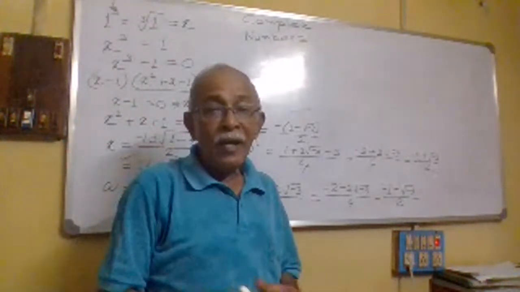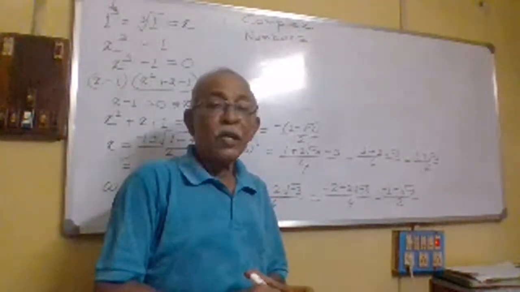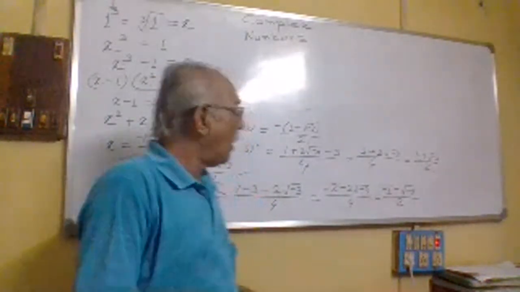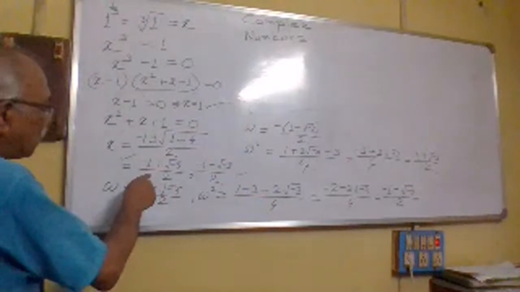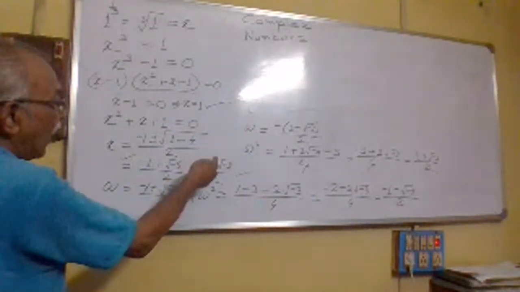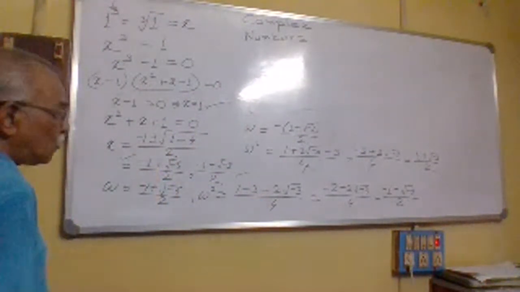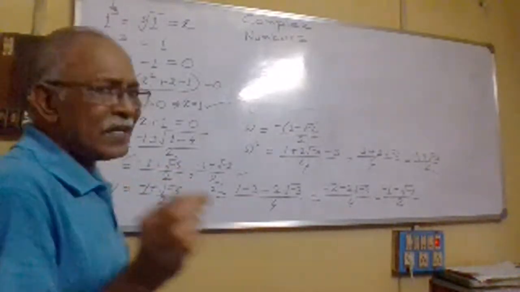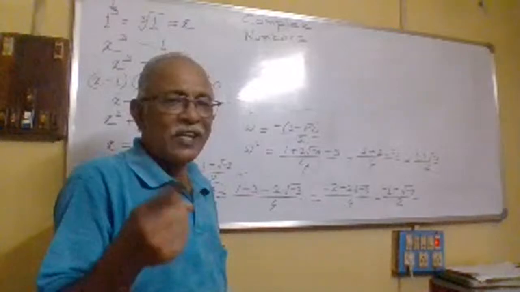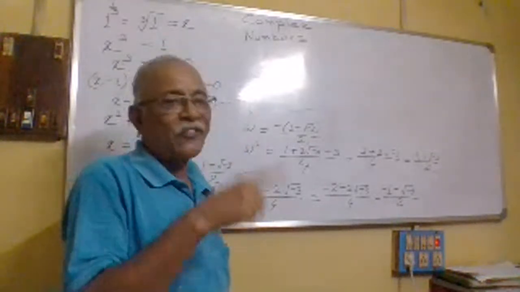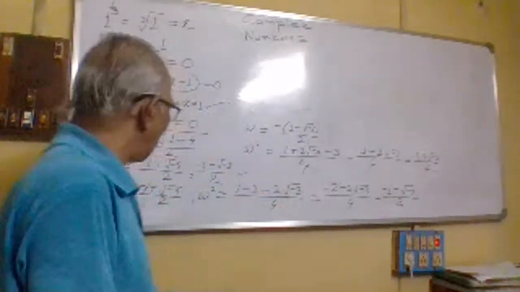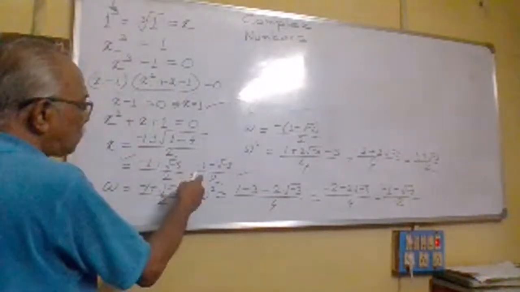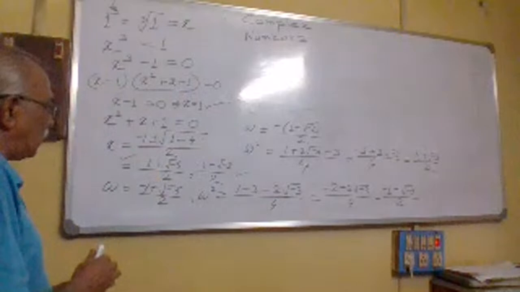In real numbers it is absurd: if 2 square is 4, 4 square can never be 2. But in complex numbers, this one square is this one and this one square is this one.